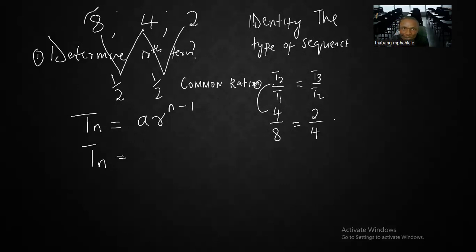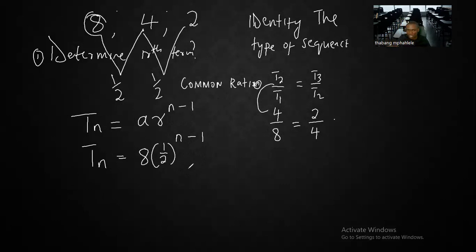It's 8. So this is your first term. And what is your ratio? The common ratio, it's 1 over 2. We calculated the common ratio. Then you say n minus 1. So this is your general term. Tn equals 8, 1 over 2 to the exponent n minus 1.